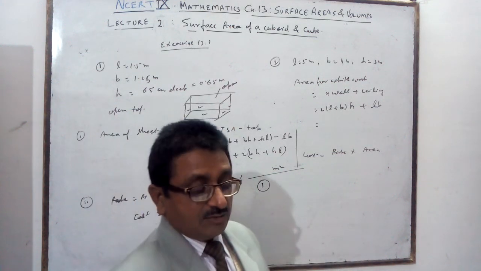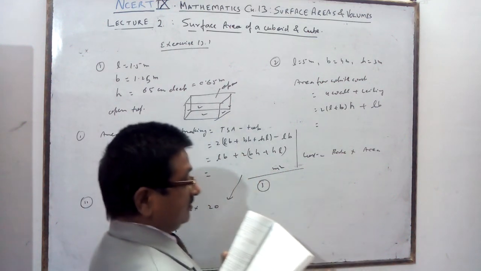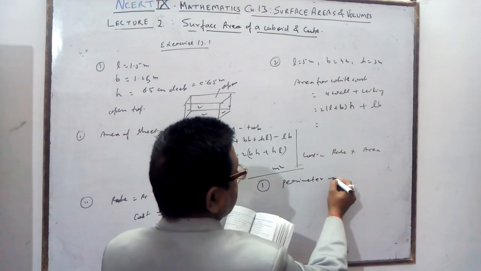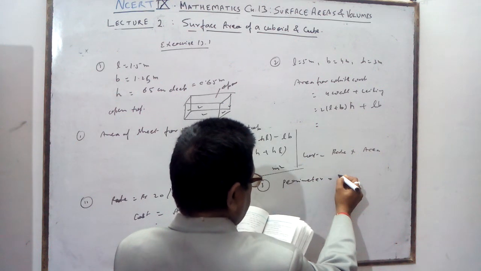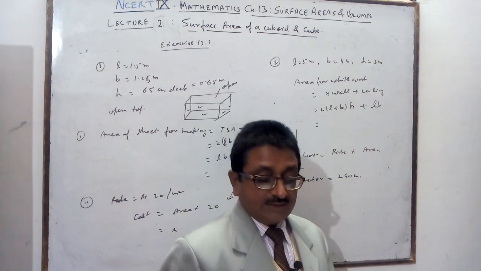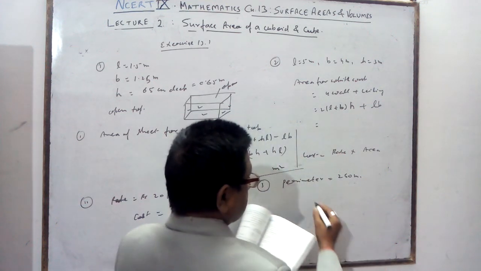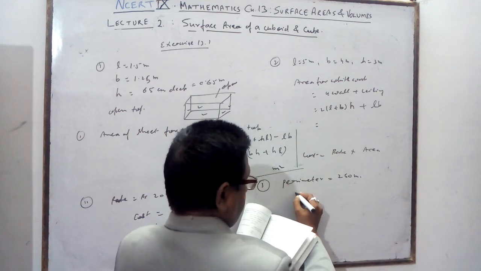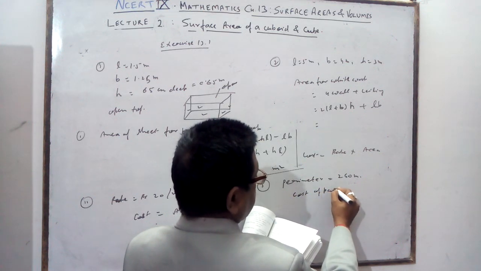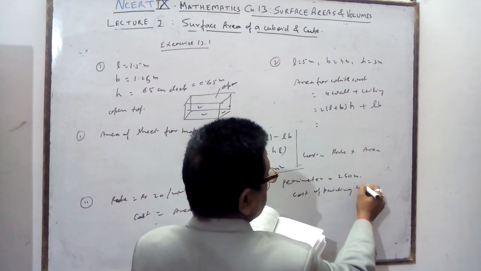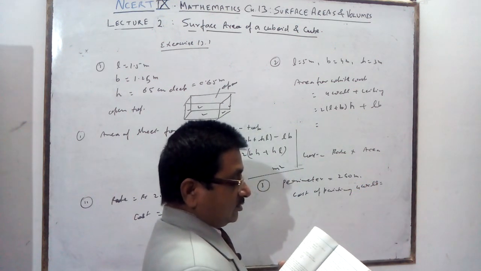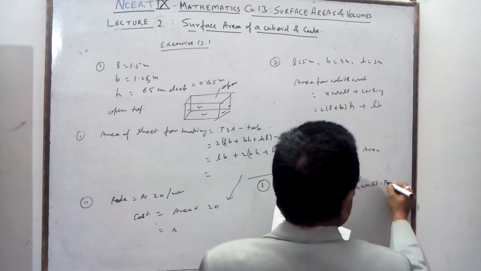Question number 3. The floor of a rectangular hall has perimeter 250 meter. Perimeter of the floor is given. Perimeter means 2(L plus B), and 2(L plus B) is given as 250 meter. The cost of painting 4 walls is given as rupees 15,000.